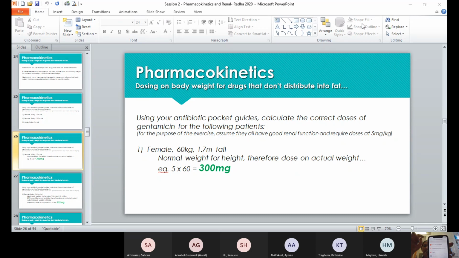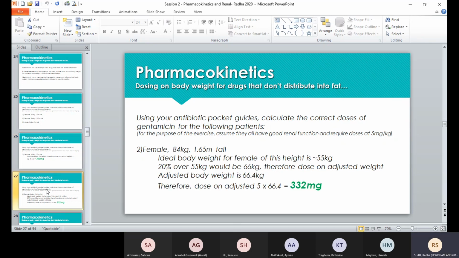If you scroll right to the bottom, you should see the formula like that. No worries. I'll just go through the second one anyway, to save some time.